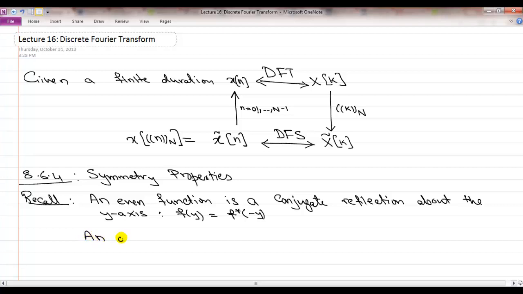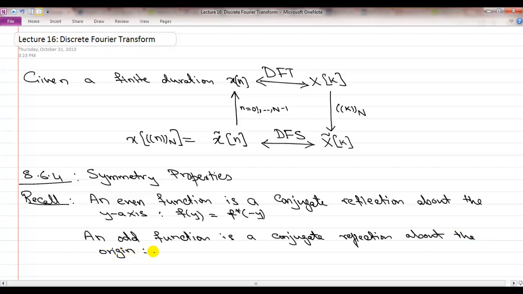An odd function similarly is one which is conjugate reflection about the origin. So minus f of y equals f conjugate of minus y.